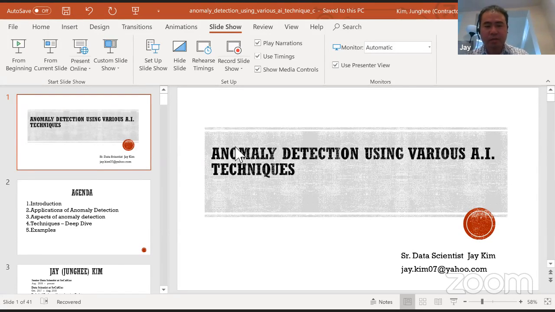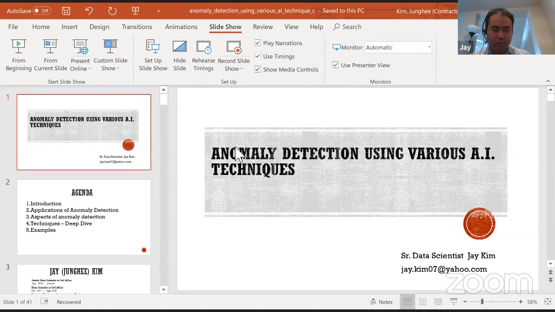Okay, thanks. So today I want to talk about anomaly detection using various AI techniques. I have been working as a data scientist for a long time, and in many use cases we have to detect anomalies very often. Many difficult problems involve anomalies. But detecting anomalies is not that easy.